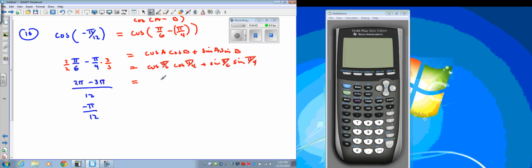And pi over 6 is going to be what? Square root of 3 over 2, isn't it? Pi over 4 is the square root of 2 over 2. This is 1/2. This is just like we did before. This is the square root of 6 plus the square root of 2 over 4.